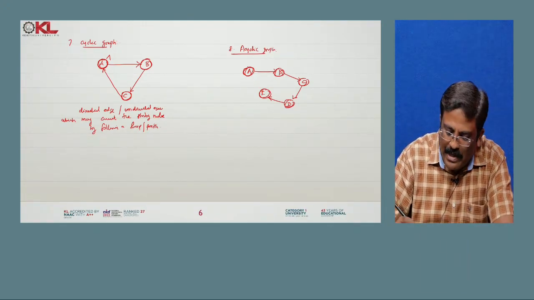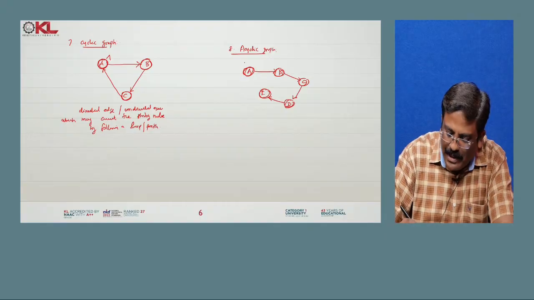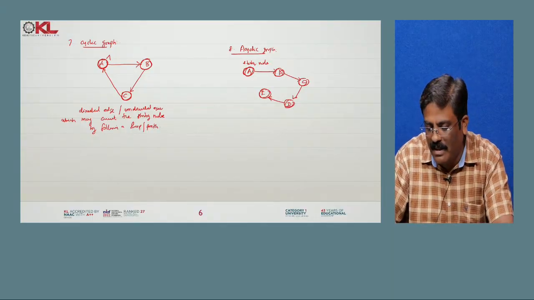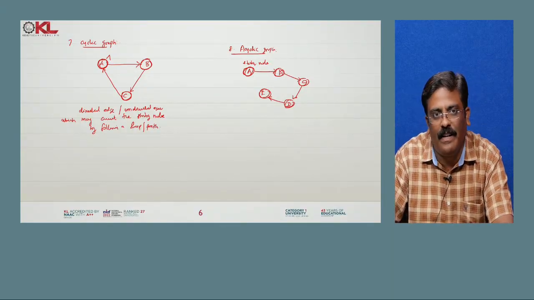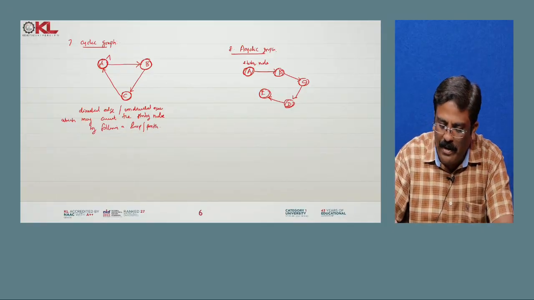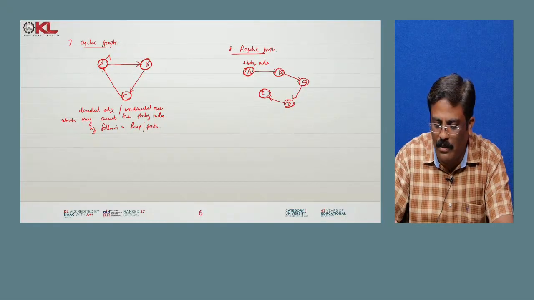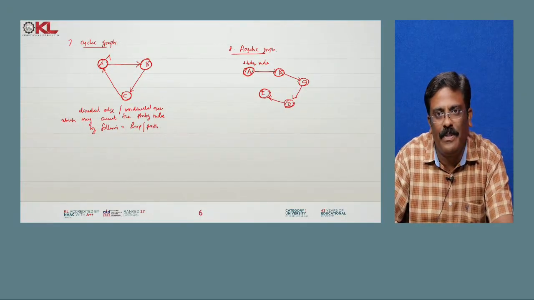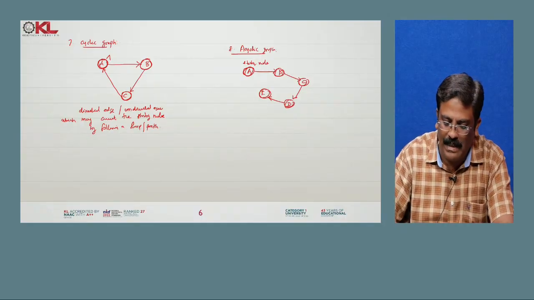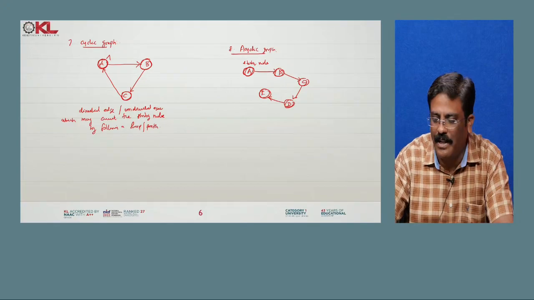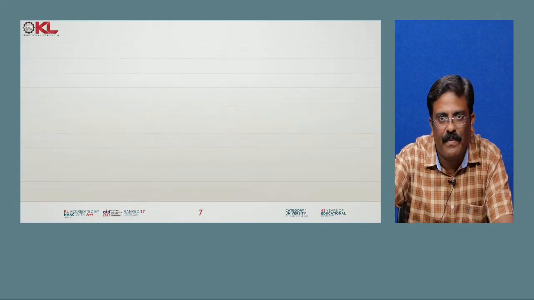So we cannot reach the starting node by means of either a directed edge or an undirected edge. If you cannot reach your starting node in your graph without any path or loop, then we call that graph an acyclic graph. This is another type of graph structure.